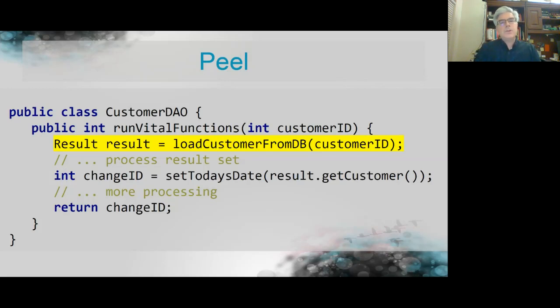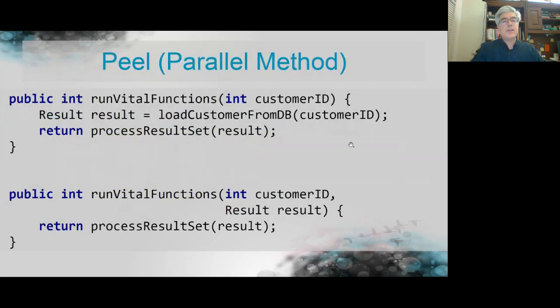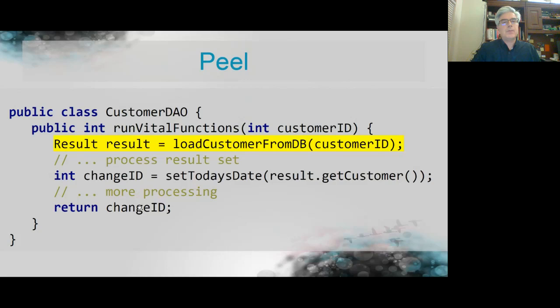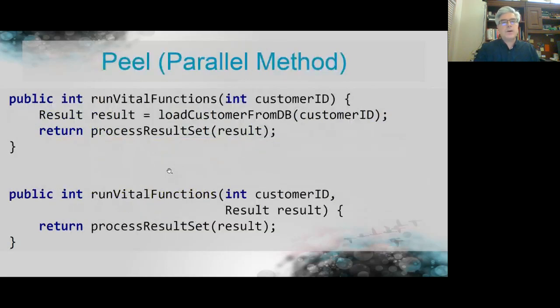So what we'll do is try and peel this function at the top off. The way that we do this is we will take this part, the data processing, and turn that into a function that we call process result set. Okay?